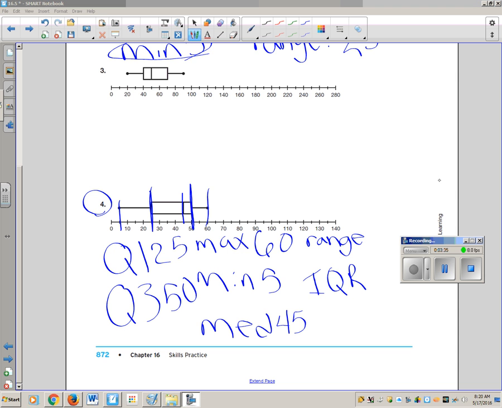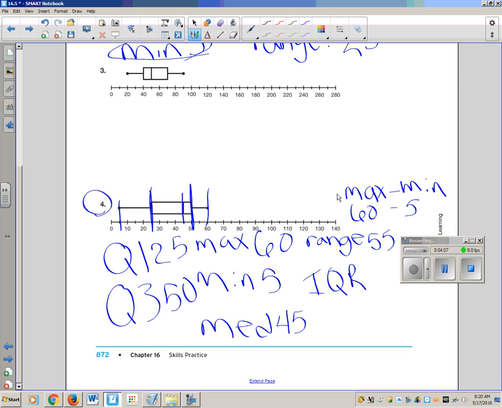So then you want to do the range, which is the max minus the minimum. That is 60 minus 5, which is 55.